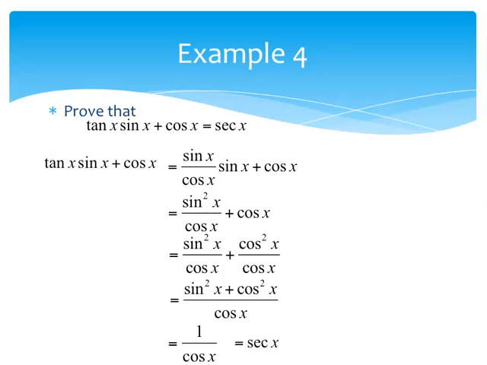Use all of that to simplify it down until you get to the other side. And again, what's nice about proofs is that you know for sure that you've been able to prove it because you were able to use some identity, some algebraic knowledge in order to get to the other side. And if you're able to get to the other side, you know you've been able to do it correctly.